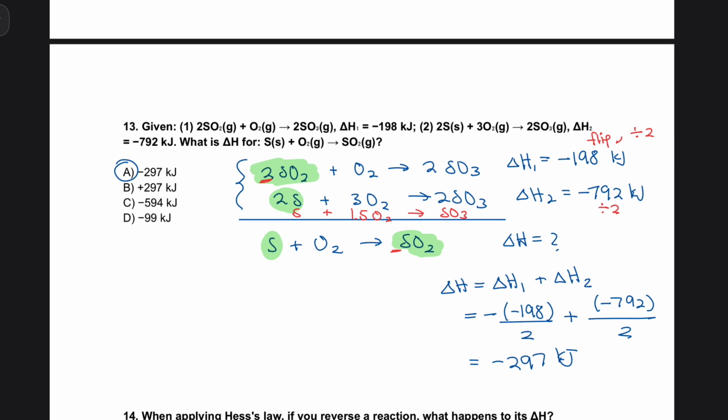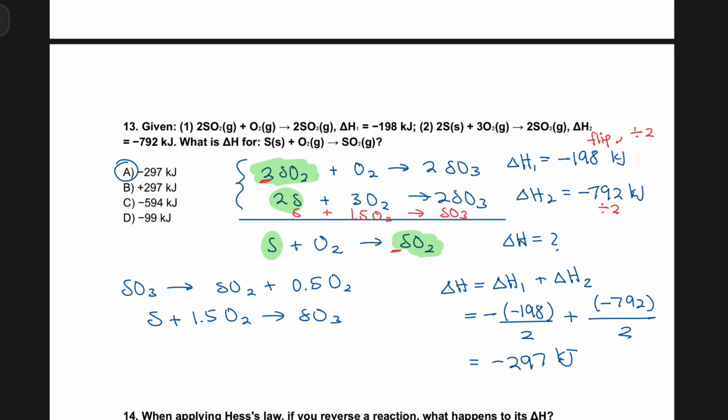Once we flipped the top formula and divided it by 2, we will get SO3 and then SO2 plus 0.5 O2. Yes, you can have decimals as coefficients. And then for the second one, I already kind of wrote it there, but I'll write it again. S plus 1.5 O2, SO3.